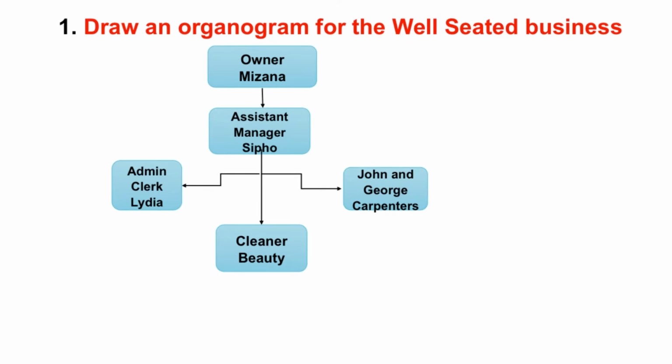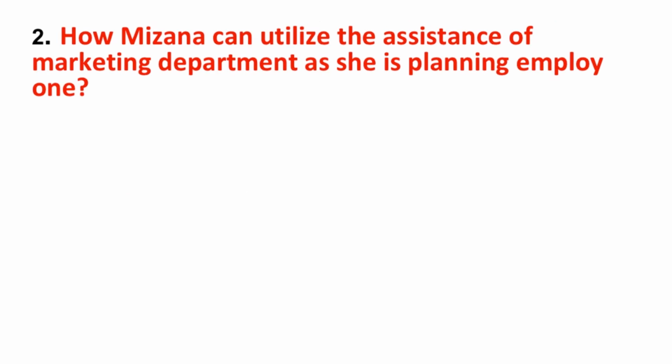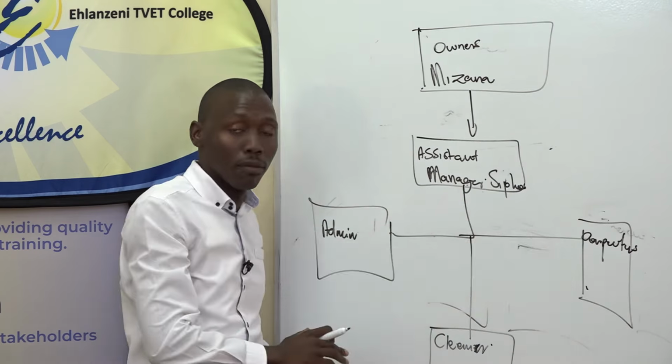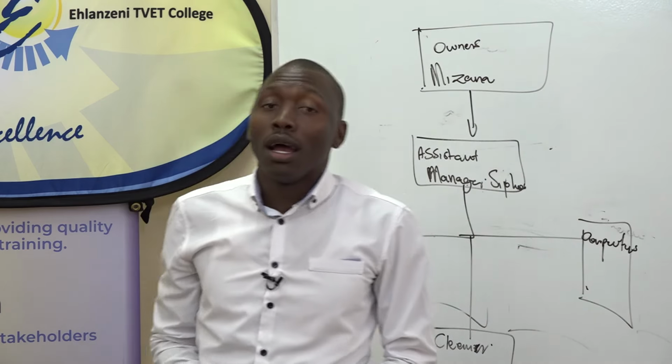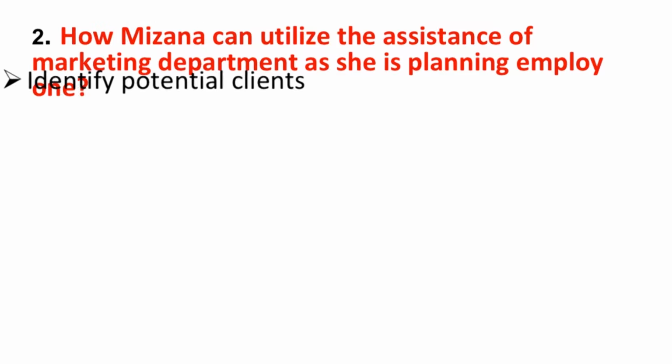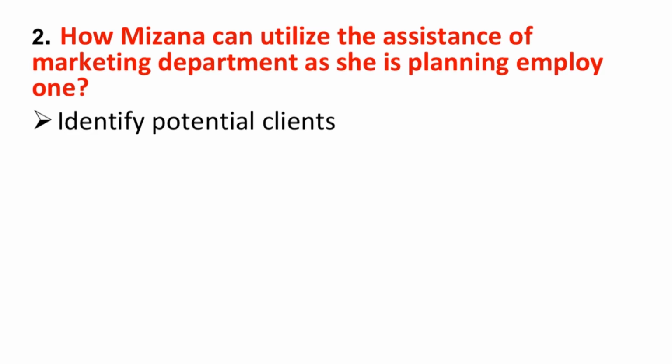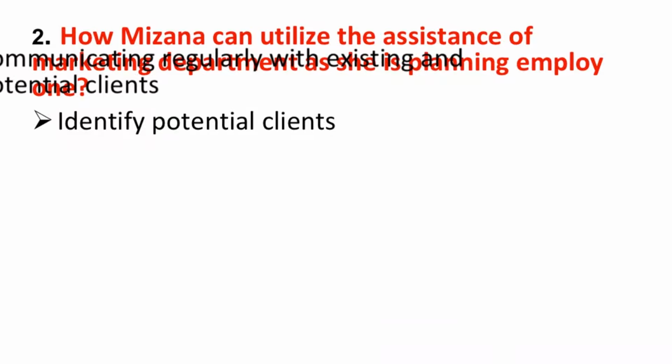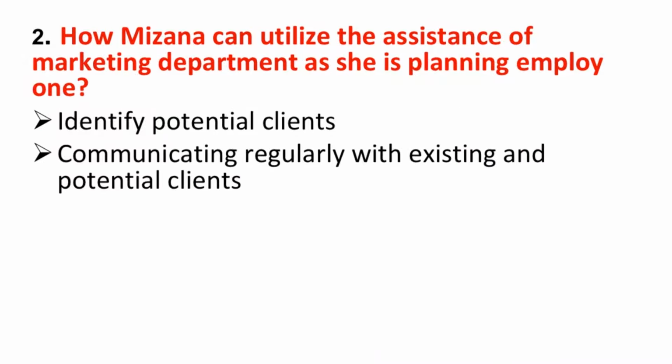The second question is, how can Mizana utilize the assistant of a marketing department as she is planning to employ one? Remember, currently the organization does not have a marketing manager. The first utilization is that the assistant manager or the marketing manager identifies potential clients. Secondly, they communicate regularly with existing and potential clients of an organization.